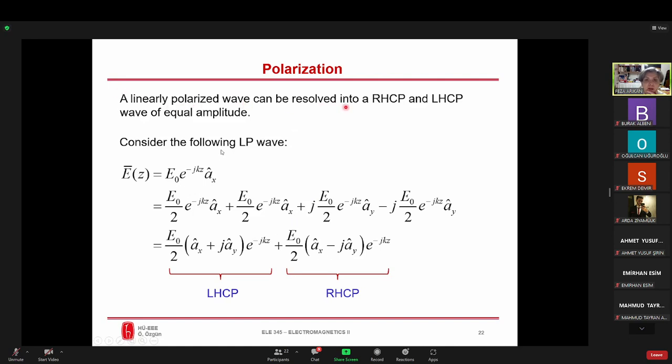For example, you have the linearly polarized wave, and that can be decomposed into two components, as you see here. And the linearly polarized wave, AX, can be written as the sum of a left-hand circularly polarized and a right-hand circularly polarized wave.